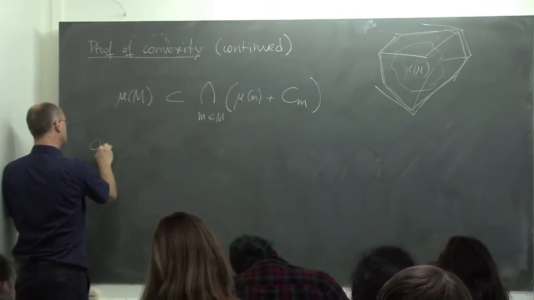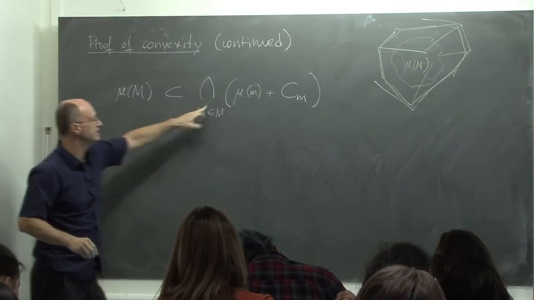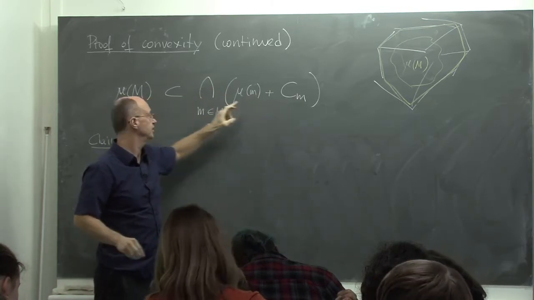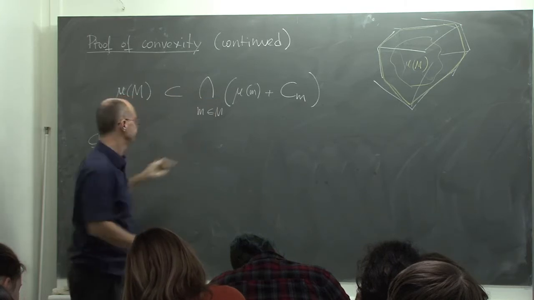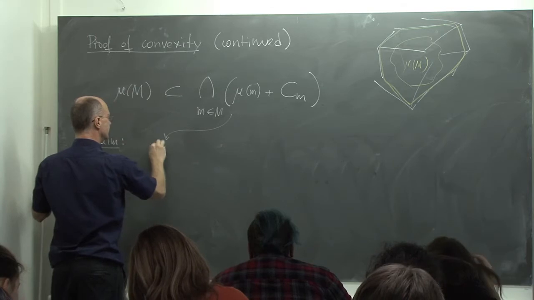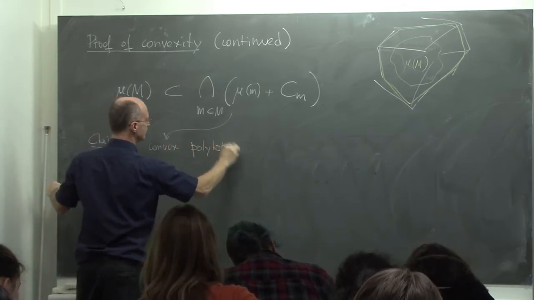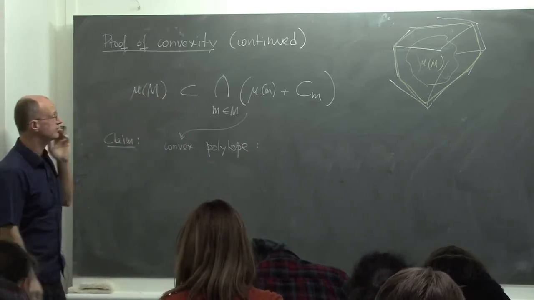So one claim is that this right-hand side is actually a convex polytope, and that's essentially because of the following.